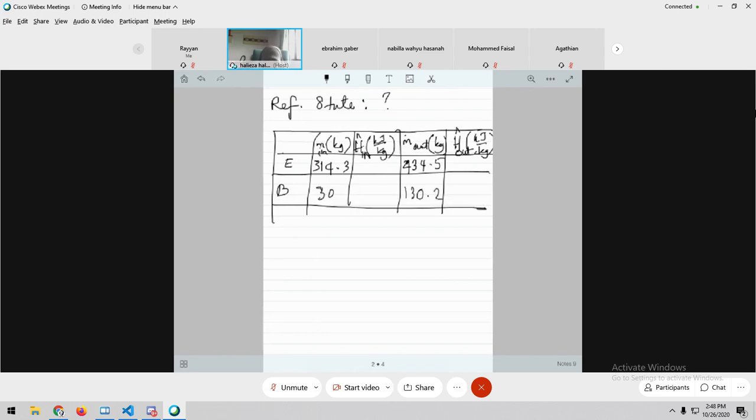Okay, what did I do wrong? Anybody? It's enthalpy. Yes. What I'm doing is writing the values inside the mass in kilogram. It should be in enthalpy. 314.3, 30, 434.